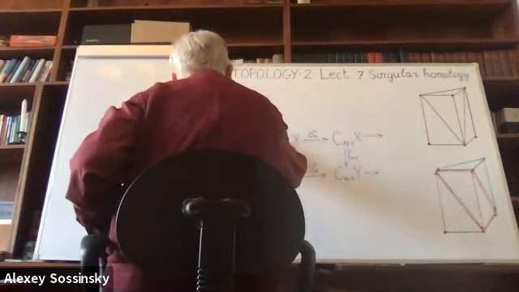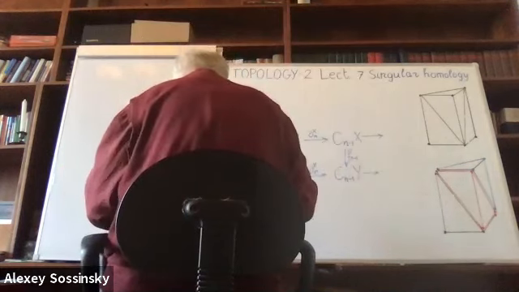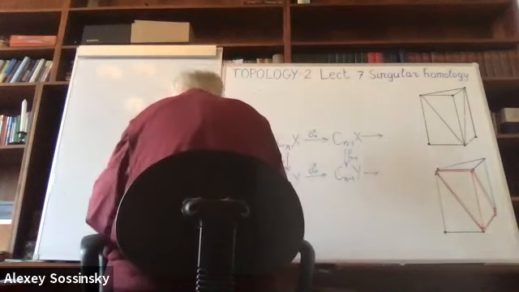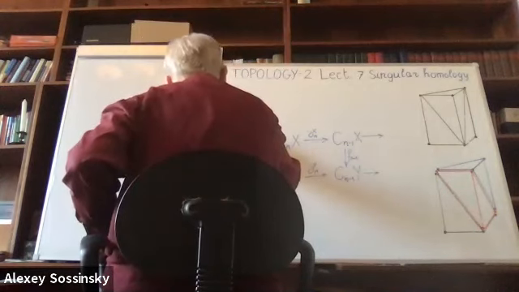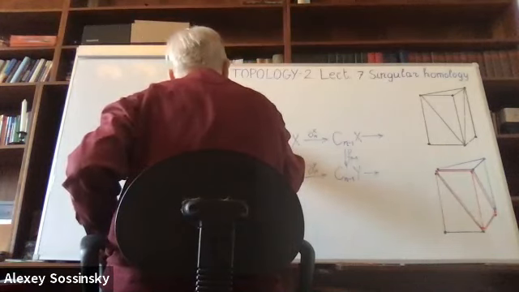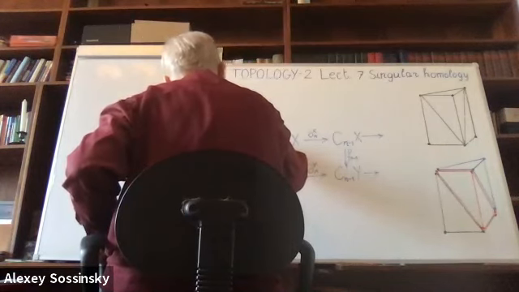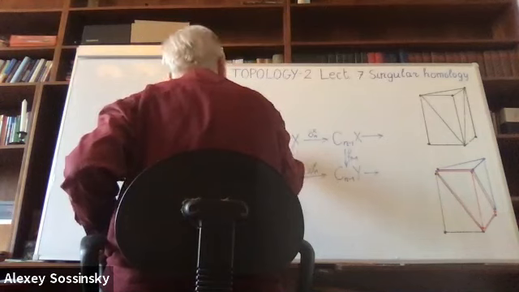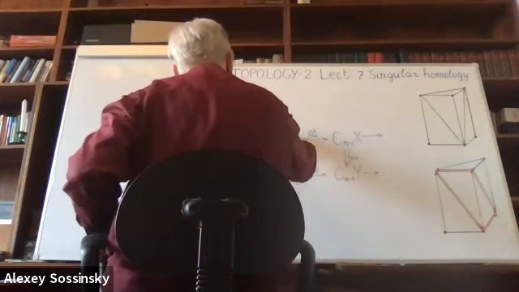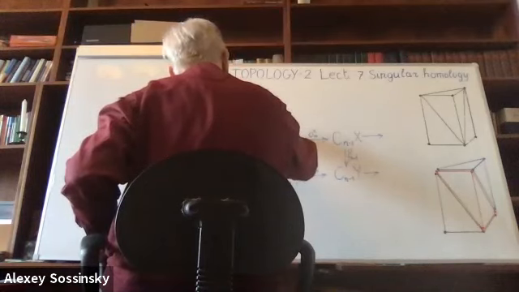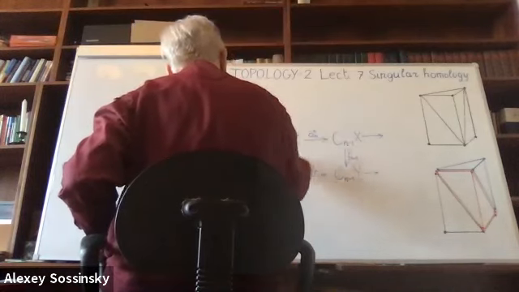So what I want to do at this point is to increase this diagram a little bit. Cn plus 1 of x. Here we have d n plus 1 of x.